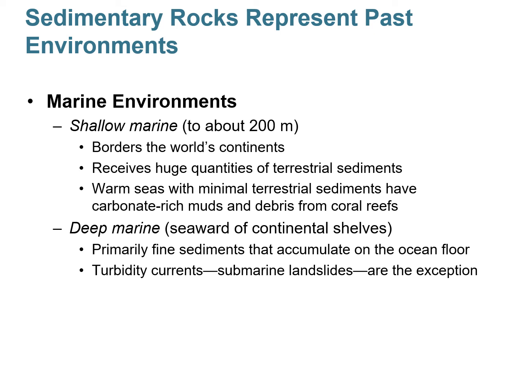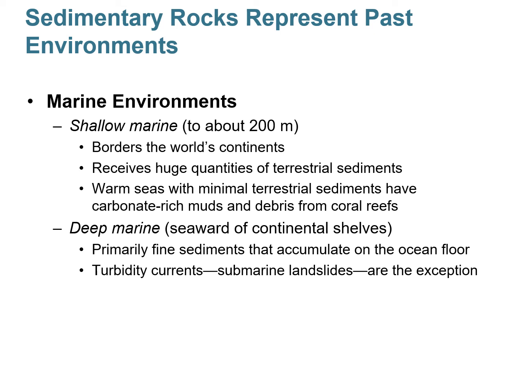That's a huge marine environment. This also includes deep marine environments, going out towards the middle of the ocean from continental shelves. And here, what you typically see are very fine sediments, clay and silt-sized sediments that accumulate on the ocean floor. This is where shales will form.